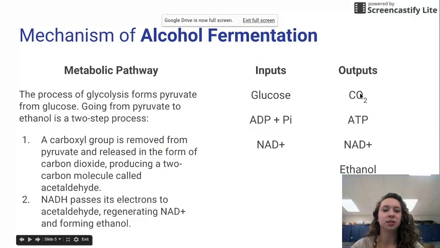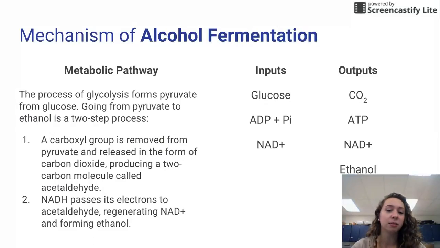All right, so the mechanism of alcohol fermentation is a metabolic pathway. The process of glycolysis forms pyruvate from glucose. Going from pyruvate to ethanol is a two-step process. First, a carboxyl group is removed from pyruvate and released in the form of carbon dioxide, producing a 2-carbon molecule called acetaldehyde.